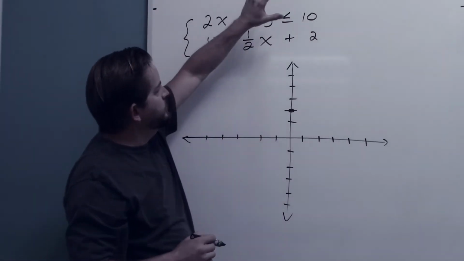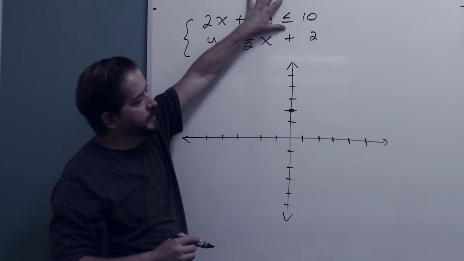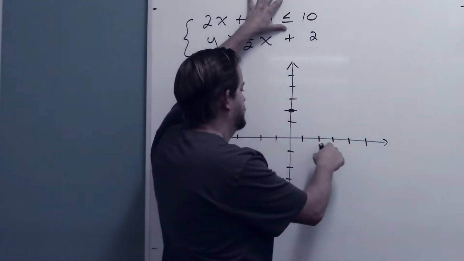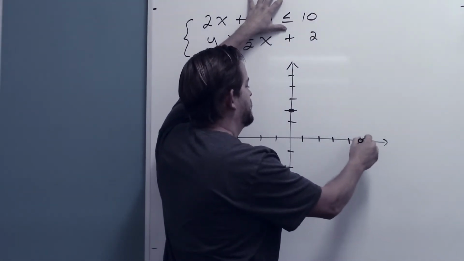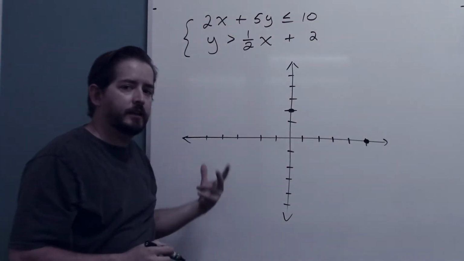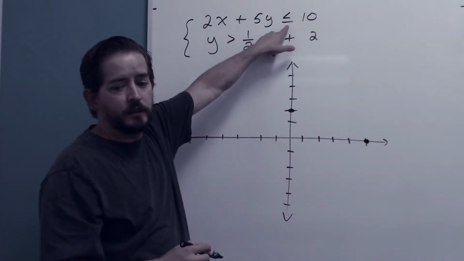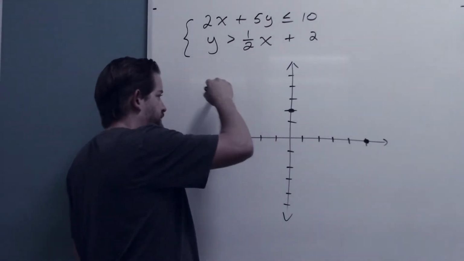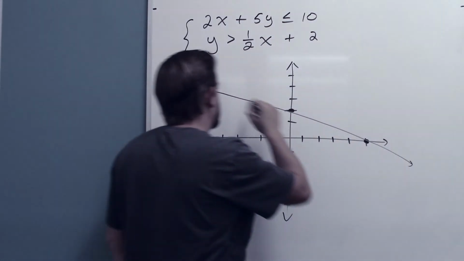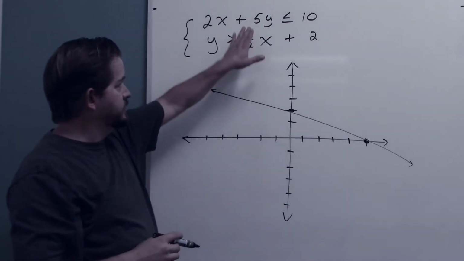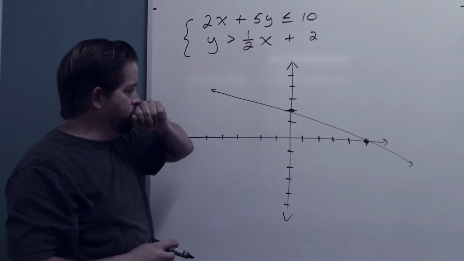If y is 0, I have 2x is 10, divide each side by 2, and I get x is 5. Right? And I'm just finding 2 points and then graphing the line. The line is a solid line because this is an inclusive inequality, and so I have this solid straight line here. Right? And that's just the graph of my first line.